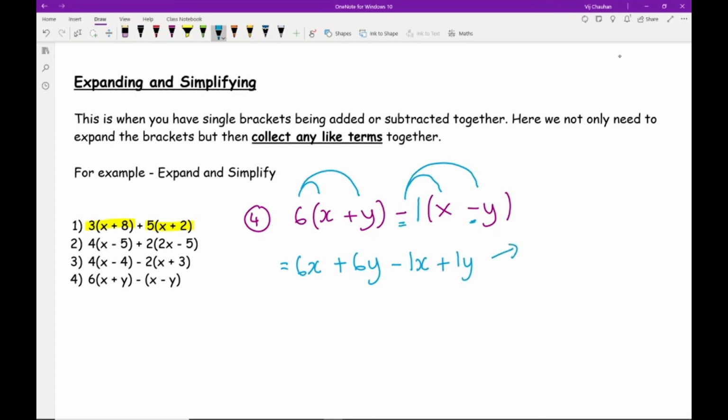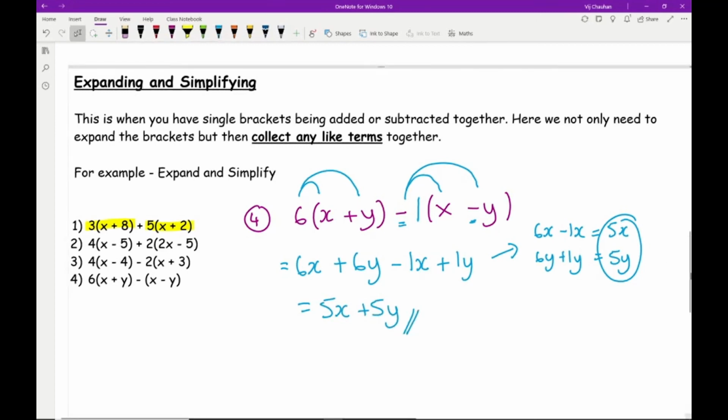So from this, if I just group my x's together, I've got 6x minus 1x, and I've got 6y plus 1y. So here I've got 5x and 5y, and I combine those two things together, giving me a final answer of 5x plus 5y, and that there is my final answer.